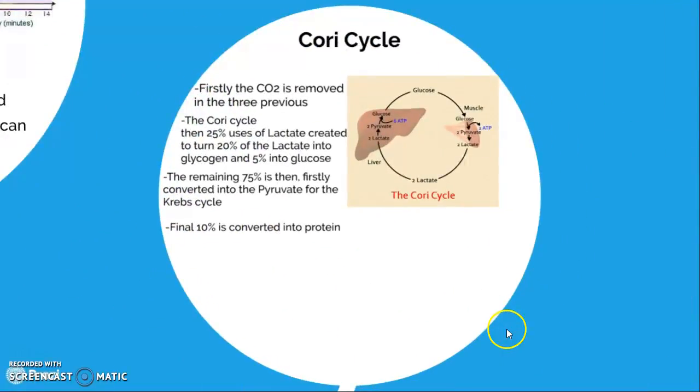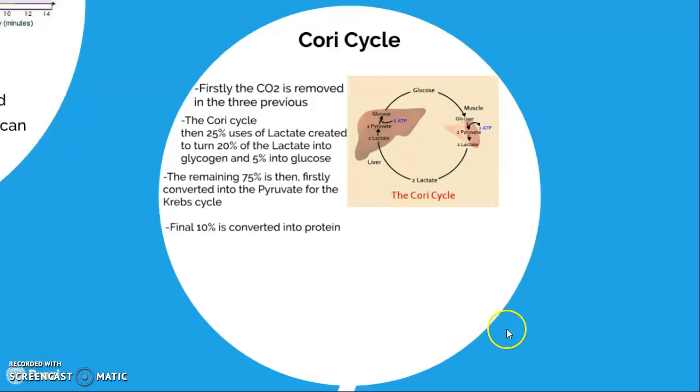The Cori cycle, I mentioned it a few times earlier. This is when the CO2 that is not removed, when working anaerobically, is then taken to the liver, turned into pyruvate acid, which then turns into glucose.